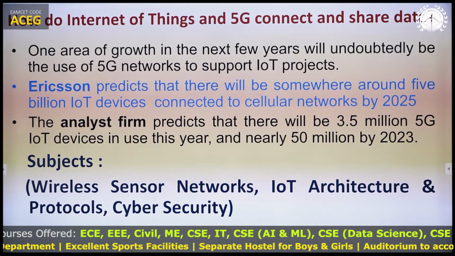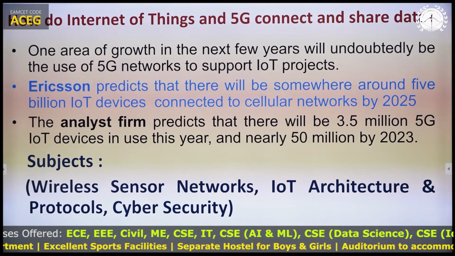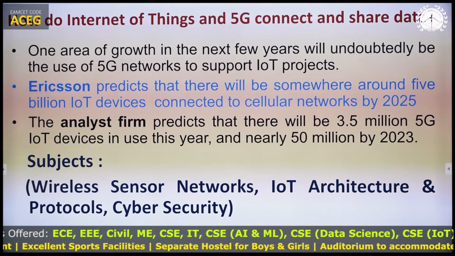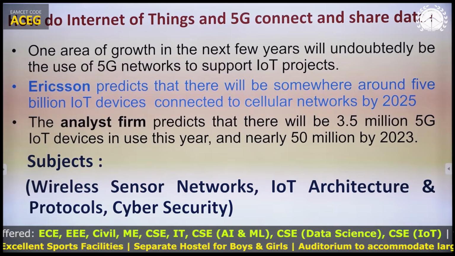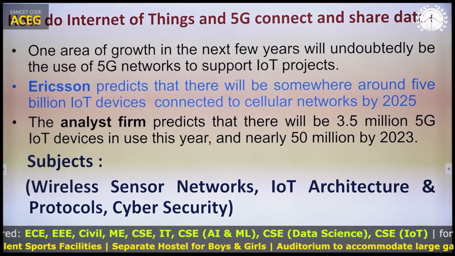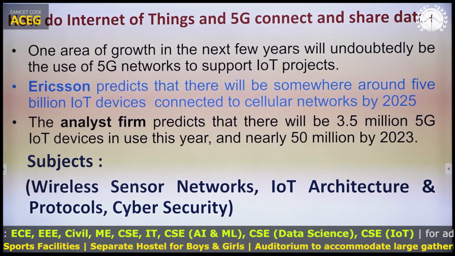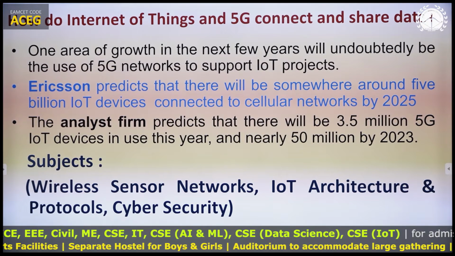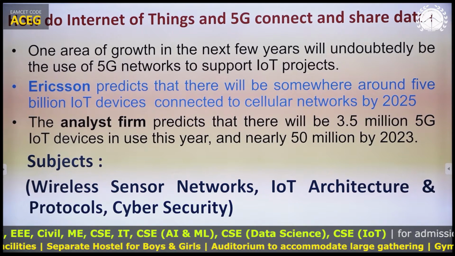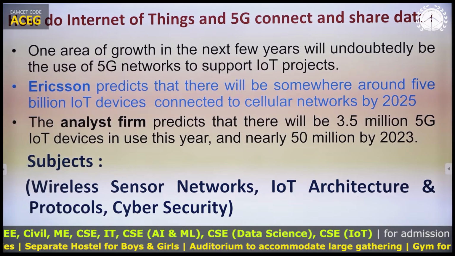Now see here, how do Internet of Things and 5G connect and share data? Ericsson predicts that there will be somewhere around 5 billion IoT devices connected to cellular networks by 2025.